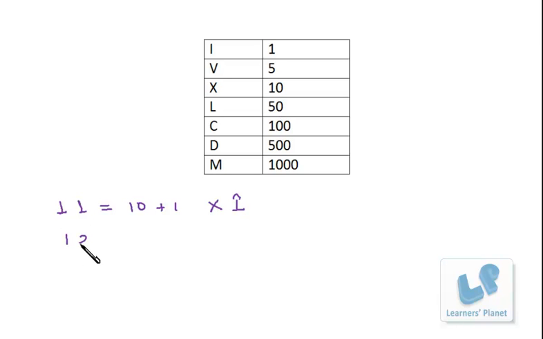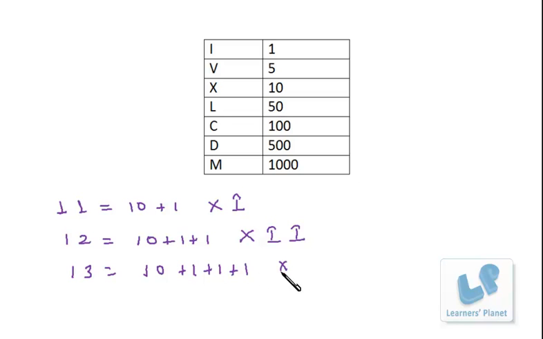Now 12, it is 10 plus 1 plus 1. So it's X, this one is I and this one is also I. So it's 12. Similarly 13, that is 10 plus 1 plus 1 plus 1, that is 10, 11, 12 and 13.